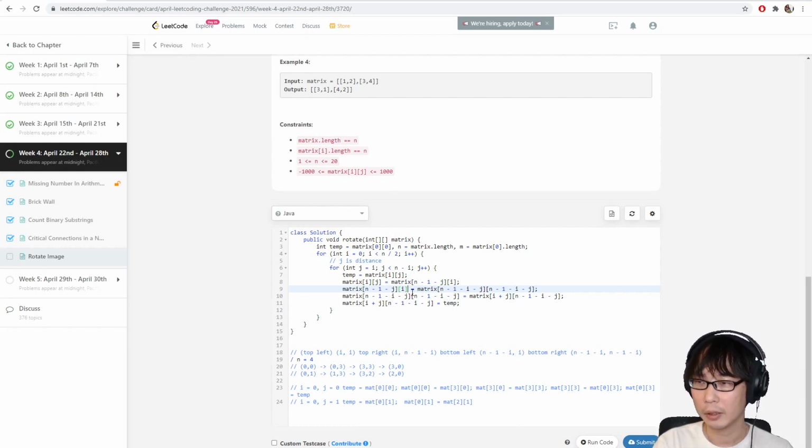Bottom left will keep in the I column, and my bottom left will move from my bottom right. Then they will be in the same row, so it will be this one.